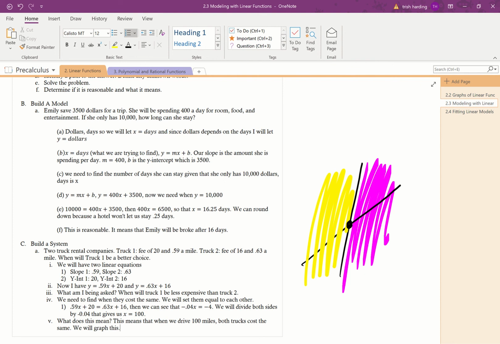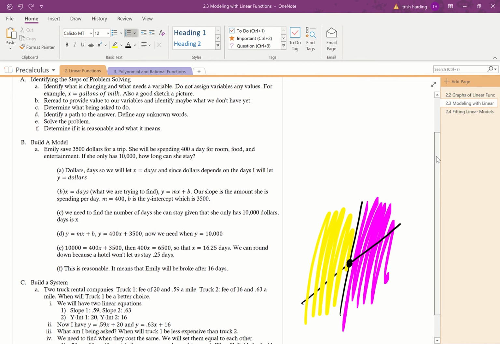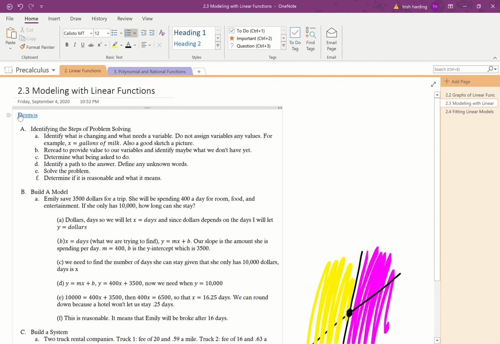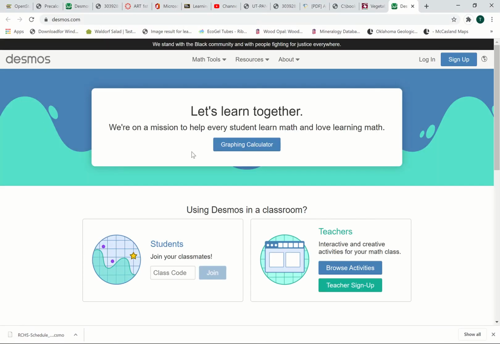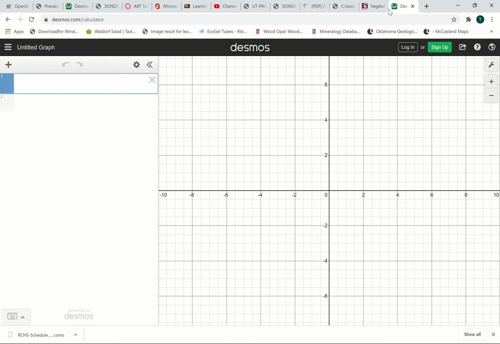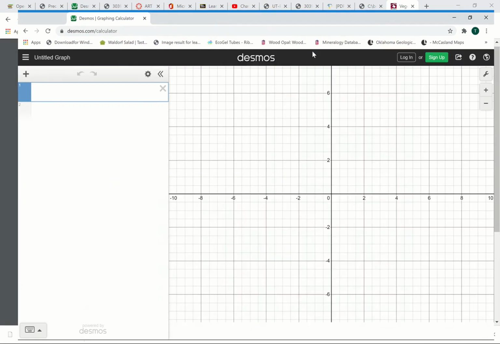Let's go ahead and graph this. All right. Let me go to Desmos. I don't want to introduce an inequality sign or anything and confuse anyone.